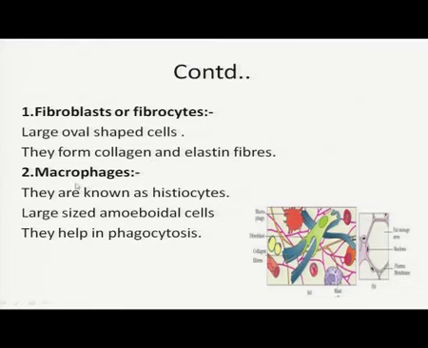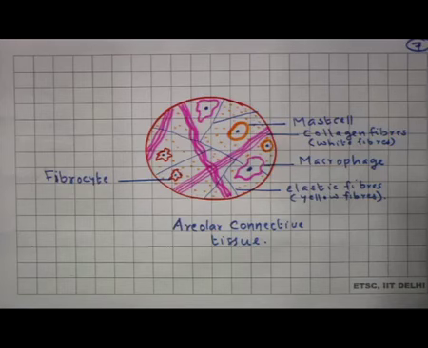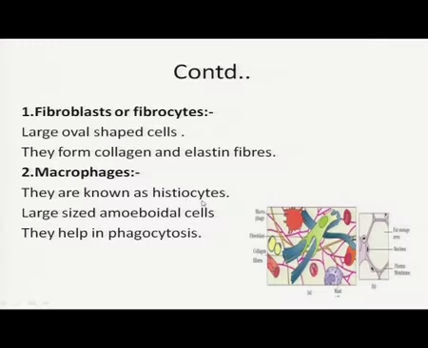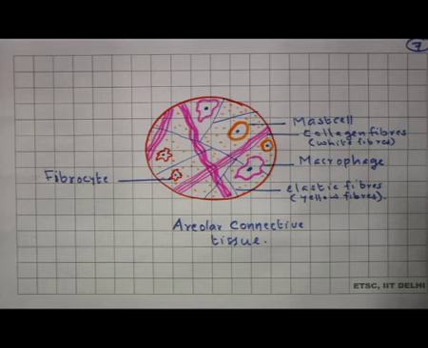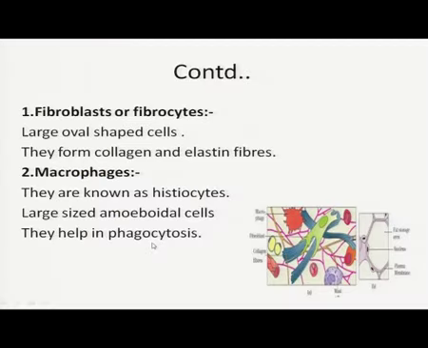Now, the second category is the macrophage cells. Their other name is histiocyte. Amoeboidal cells, irregularly shaped, large, and they help in phagocytosis, eating away foreign particles.